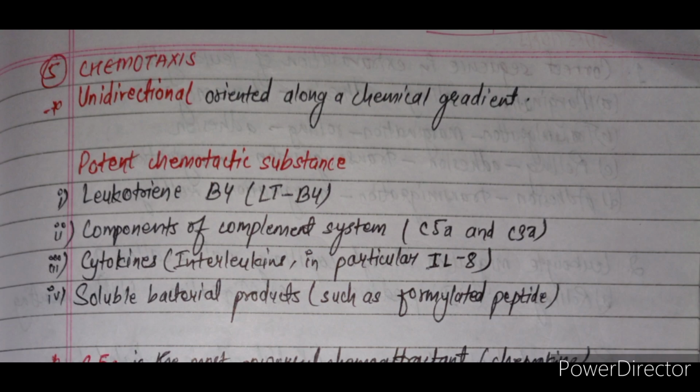So the four chemicals secreted by the microbe are known as LTB4, C3a, C5a, which is most potent, and IL-8. So chemotaxis is unidirectional, oriented along a chemical gradient.